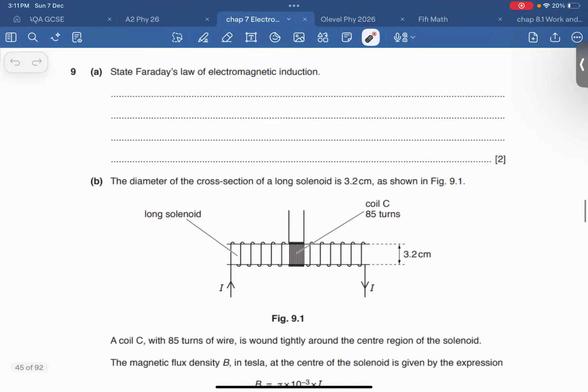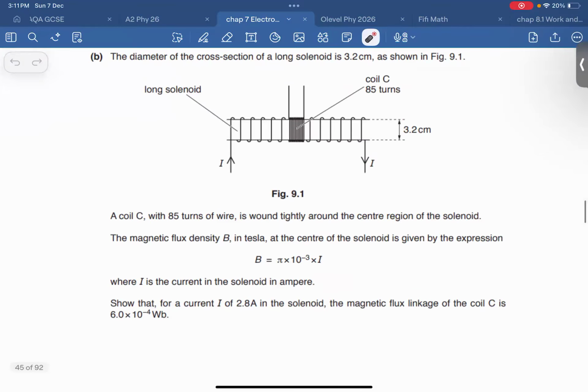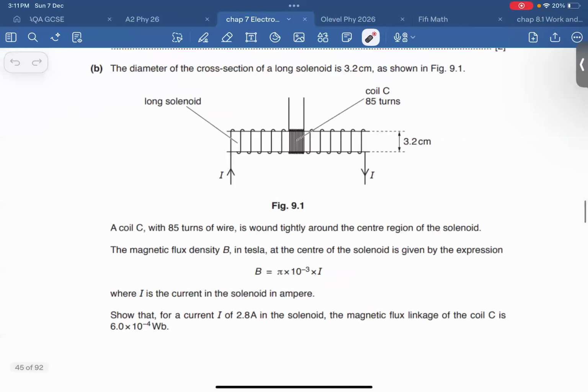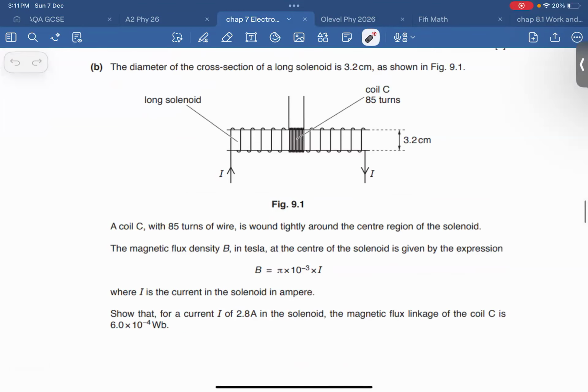Okay, Irfan, can you please read the question from part B? Diameter of the cross section of a long solenoid is 3.2 centimeters as shown in figure 9.1. A coil C with 85 turns of wire is wound tightly around the center of the solenoid.